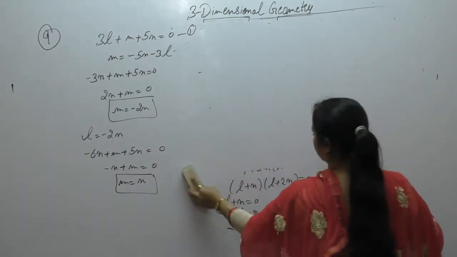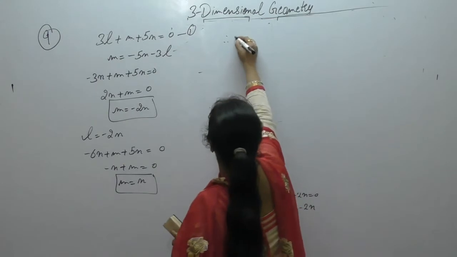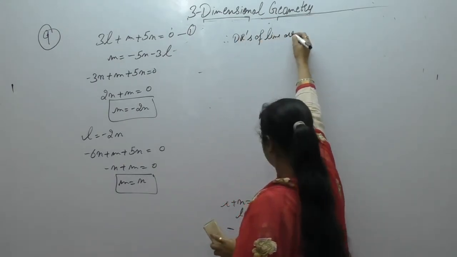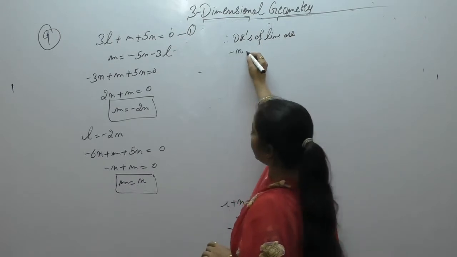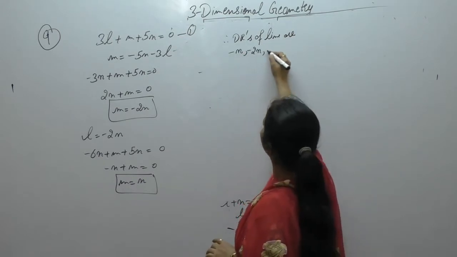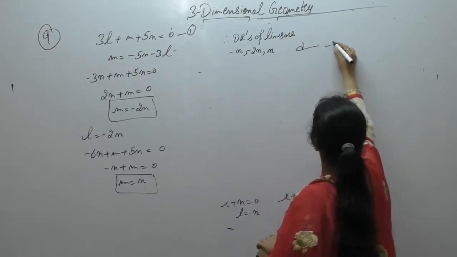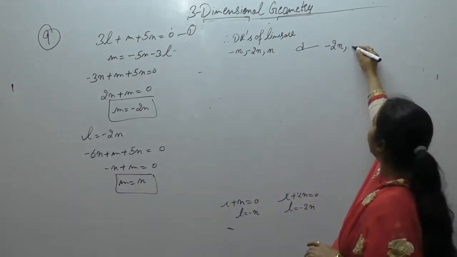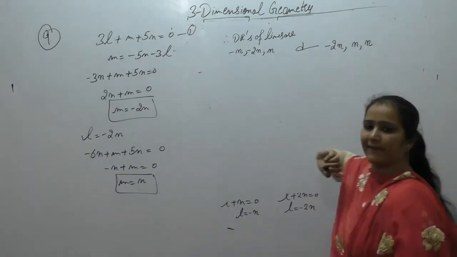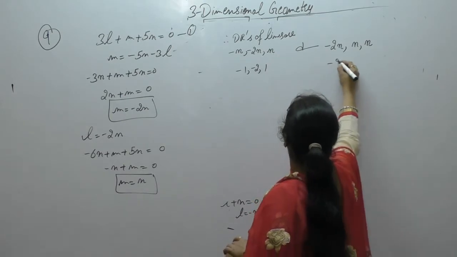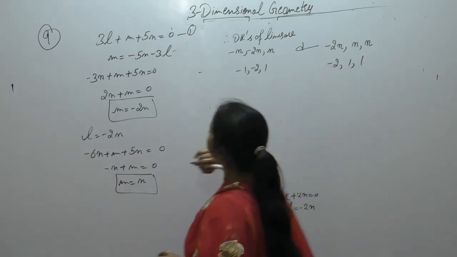Therefore, the direction ratios of the lines are: when l is -n, m is -2n, n is n, and the other line, when l is -2n, then m is n and n is n. That is (-1, -2, 1) and (-2, 1, 1).